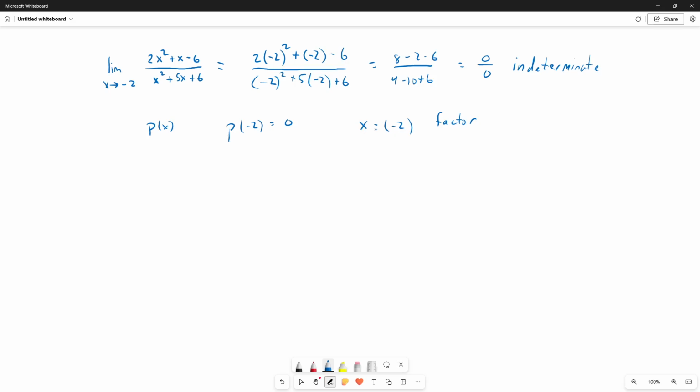So in this case, x minus -2, which is the same as x plus 2, is going to be a factor of each of these polynomials, because in both of them, when we plugged in this number, we got 0.